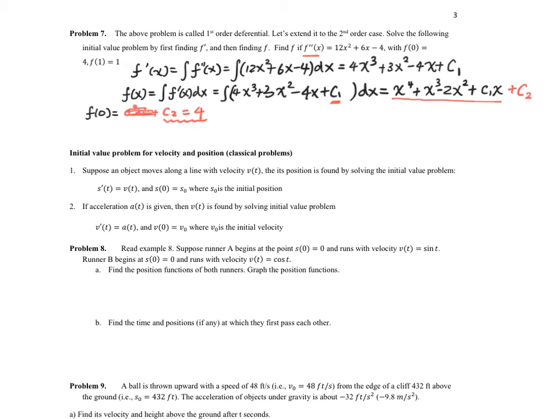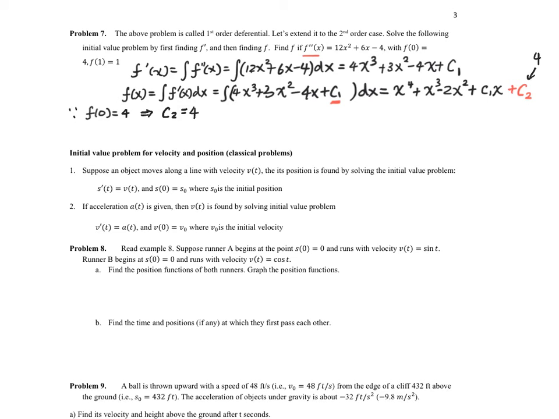Let me write this in a better way here. So let me organize these writings. Because f of 0 is equal to 4, when you plug in 0, you're left with c2. So c2 is equal to 4.